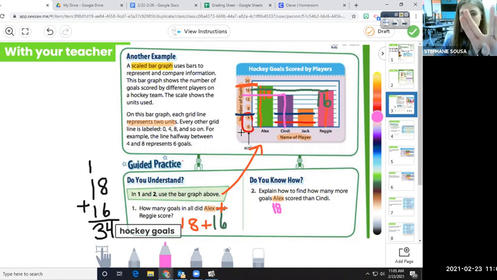So I'm going to add 2 to 16. 16, 17, oh, to 12. I said that wrong. My bad. I was thinking about Alex. Halfway between 12 and 16. So we're going to add 2 to 12. 12, 13, 14. So Cindy scored 14 goals.